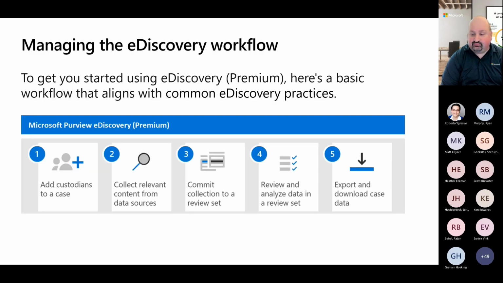For this demo, we would use a basic workflow that aligns with pretty common eDiscovery practices. First, we're going to start by adding a custodian to a case, collecting the relevant content from data sources, committing the collection to a review set, reviewing and analyzing data in that review set, and exporting and downloading the case data.